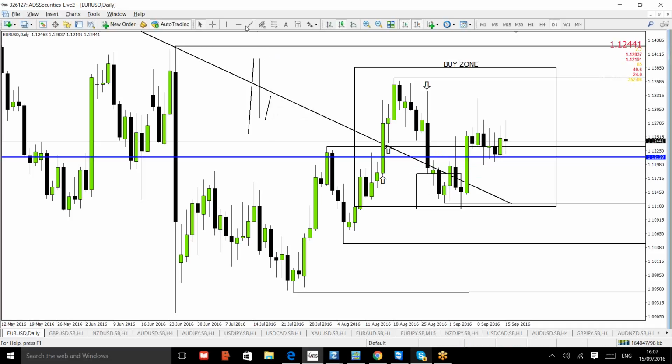Retest, the price fails. This is your retest, guys. I'm going to show you the retest candle. This is your retest candle. Remember, it closes below the trend line. Make sense? It closes below the trend line, guys. Can you see it? So my trade is the next day.